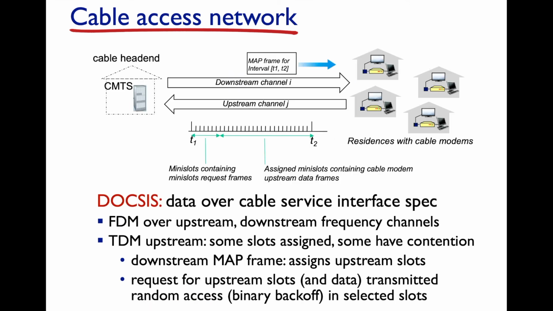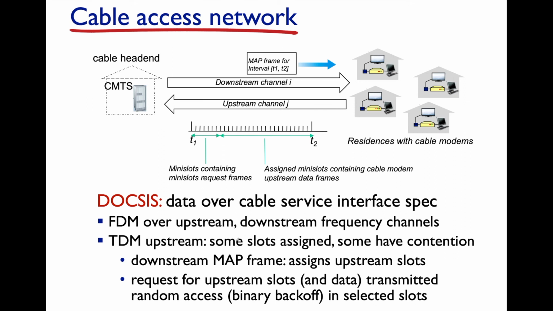And so here, DOCSIS, Data over Cable Service Interface Spec, is the primary means that they use for signaling for cable modems to get data upstream and downstream. Now, DOCSIS implements frequency division multiplexing, the division of your shared medium's bandwidth into channels or frequencies over upstream, and also downstream has frequency channels as well.